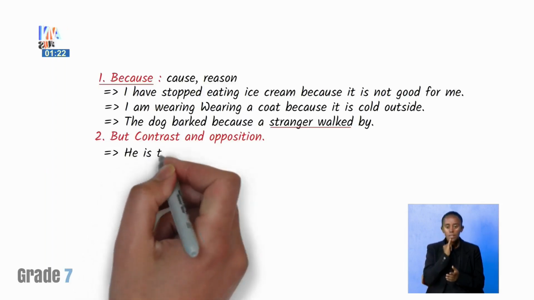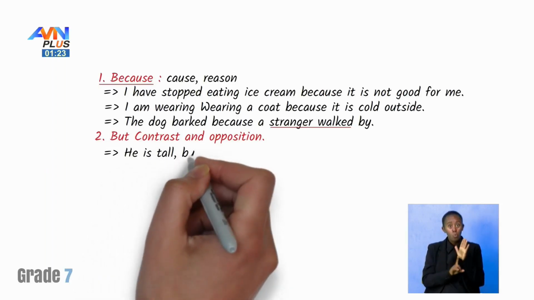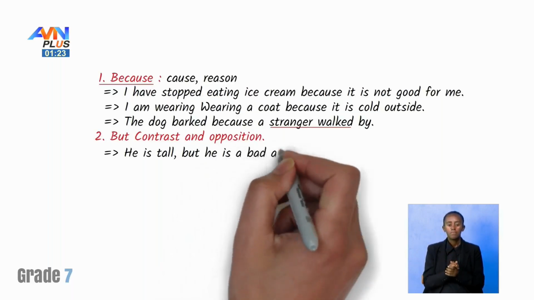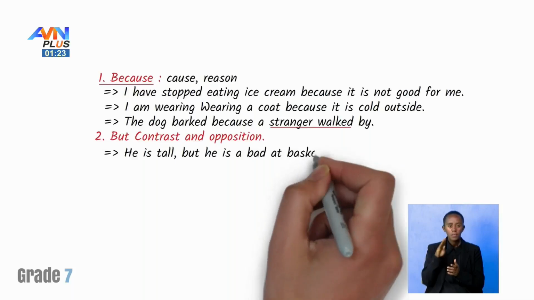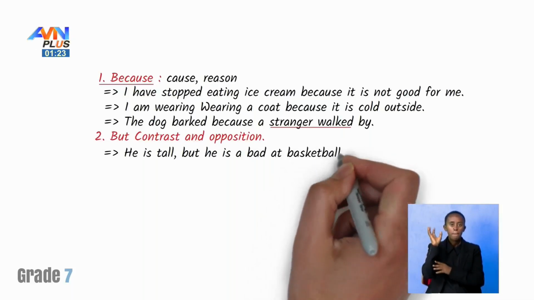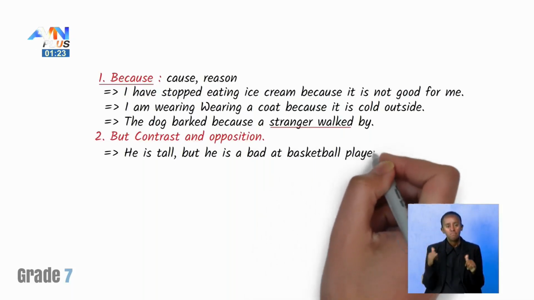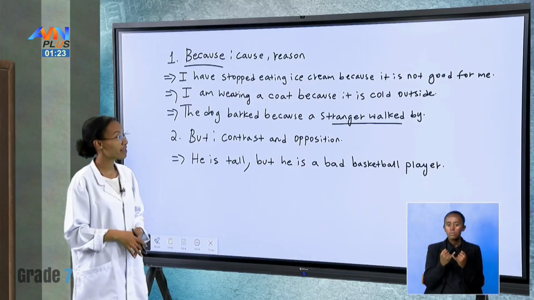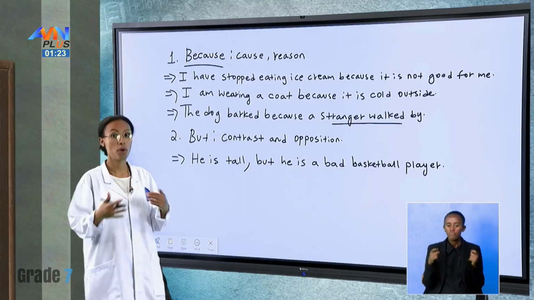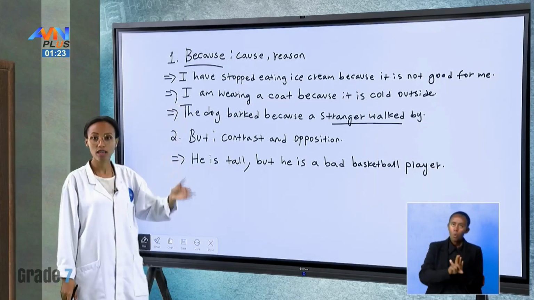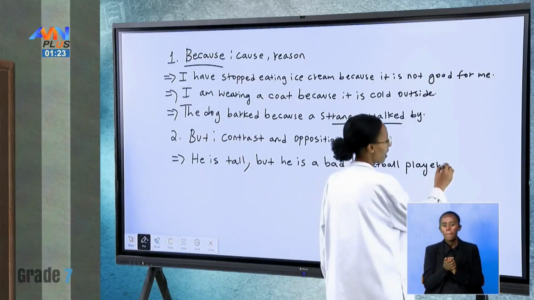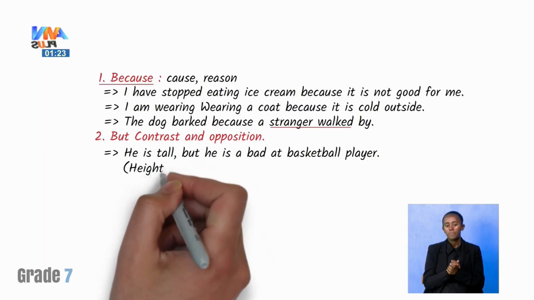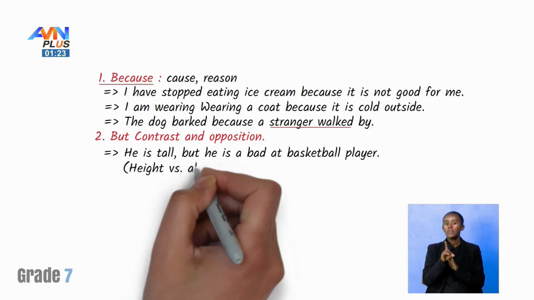He is tall, comma, but he is a bad basketball player. If you see here, two opposite ideas that negate each other or that oppose each other. He is tall, right? Tall, yes. In this case, we have his height versus what?